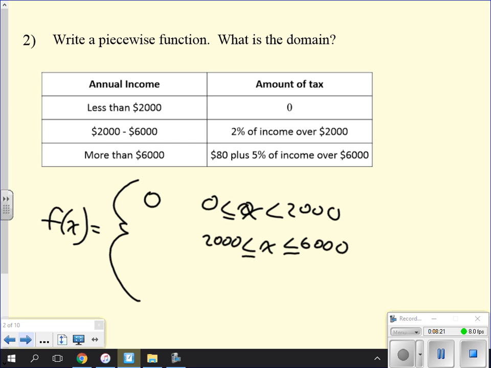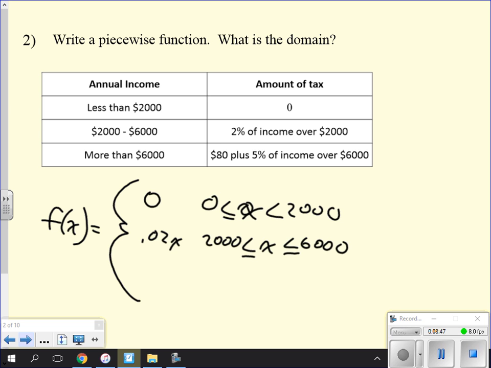So how would I figure that out? 0.02 times x. 0.02 times how much money I have. 2% of income over 2,000, with 2,000 not being included in the first piece. It has to be included in one of these two. What if I made exactly 2,000?